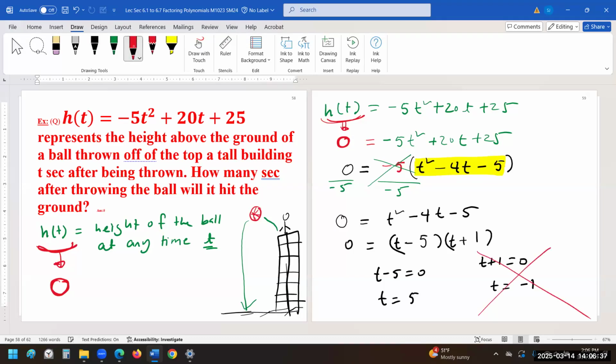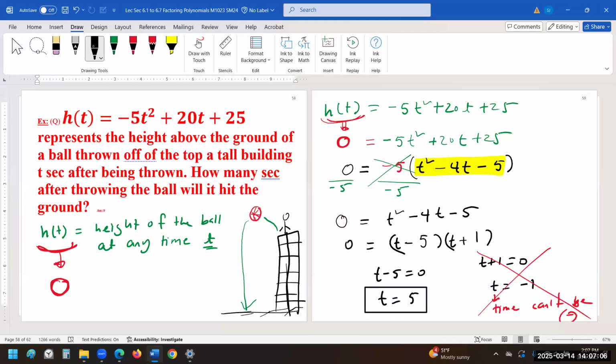We don't even know what a negative second is. Time cannot be negative, so disregard it. That means the only solution we have is 5. It means once the man throws his ball, after 5 seconds of throwing the ball, it will hit the ground.